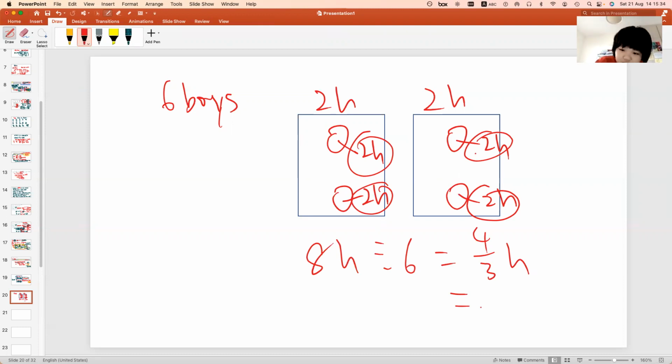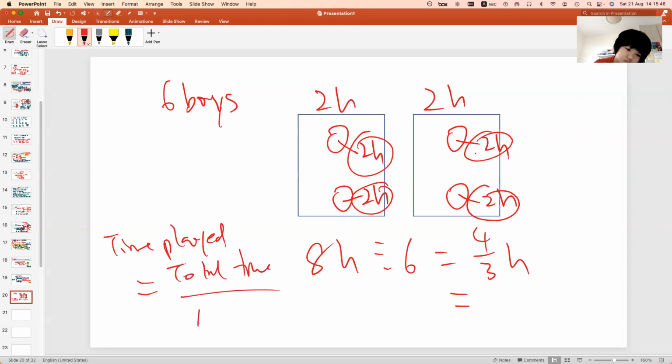Understand? Okay, so that's how you get the answer. So the time played is always equal to the total time divided by the number of kids. You just have to draw it out.